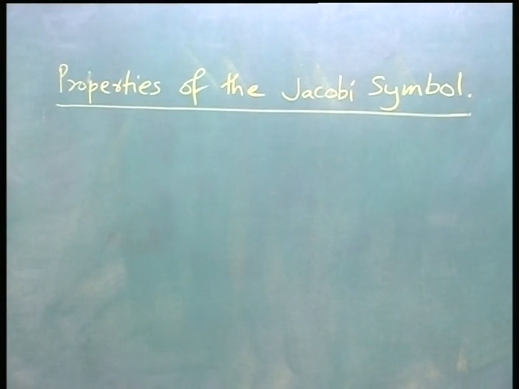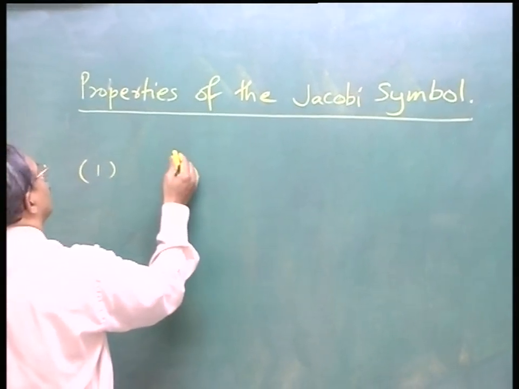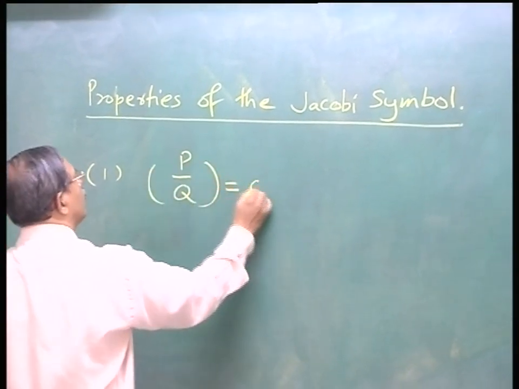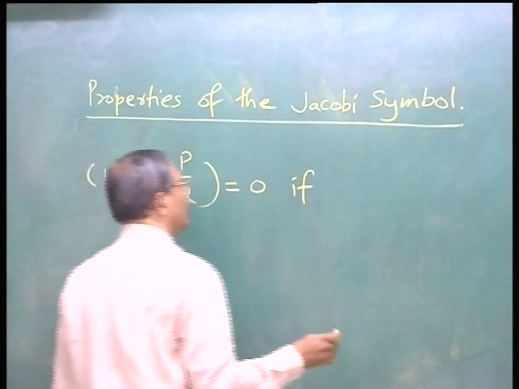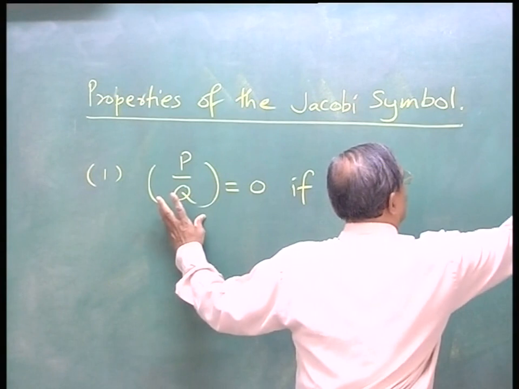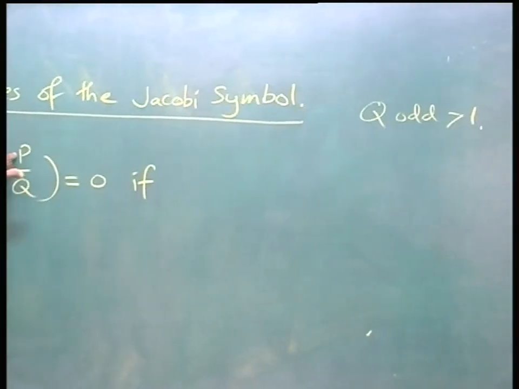One, (P/Q) equal to 0 if it is assumed that Q is odd, bigger than 1. P is some integer.